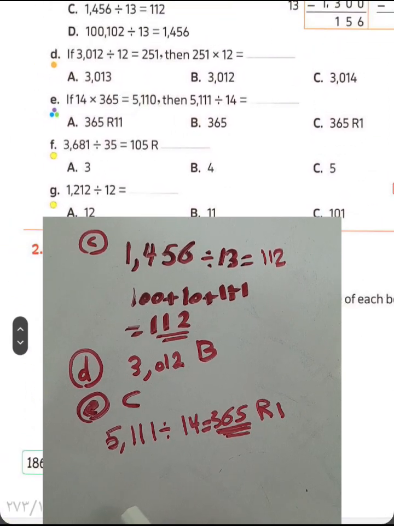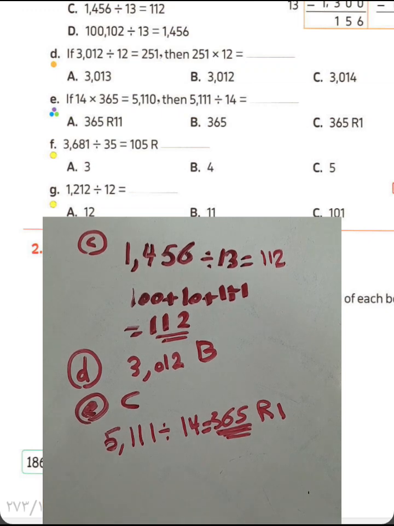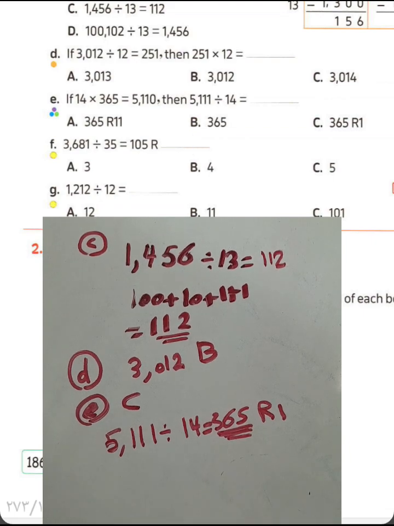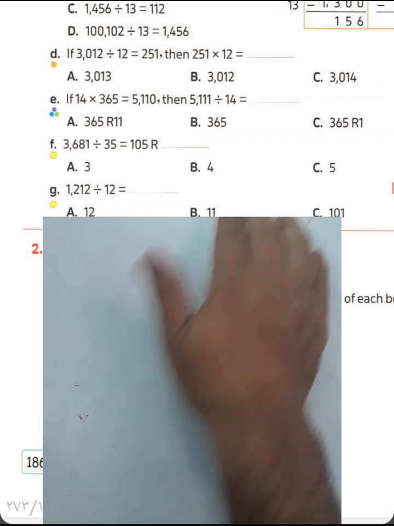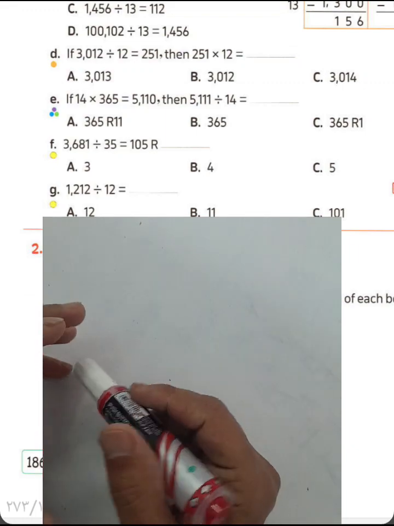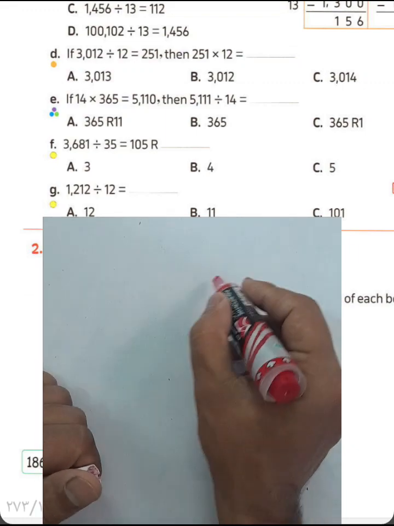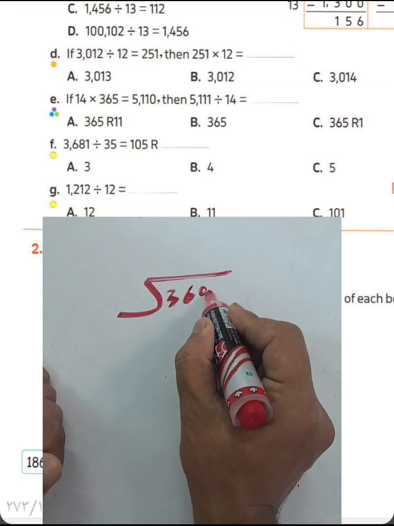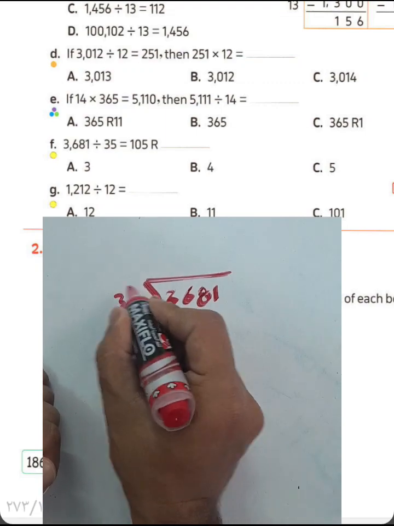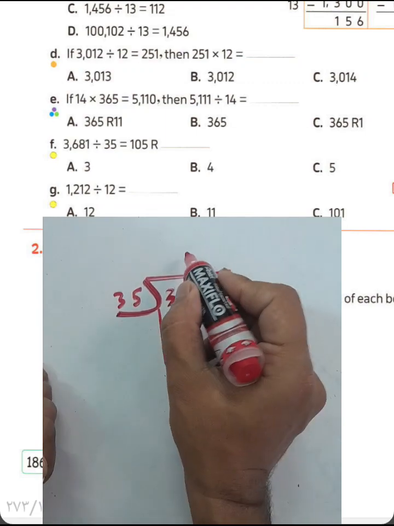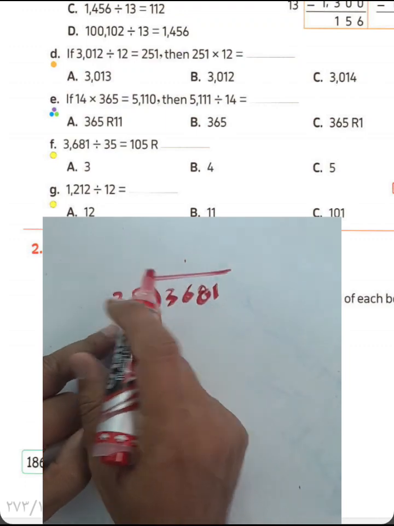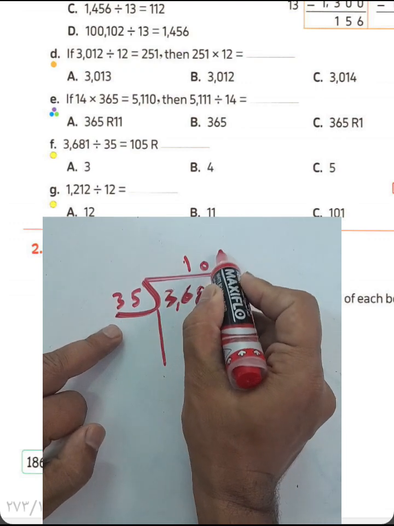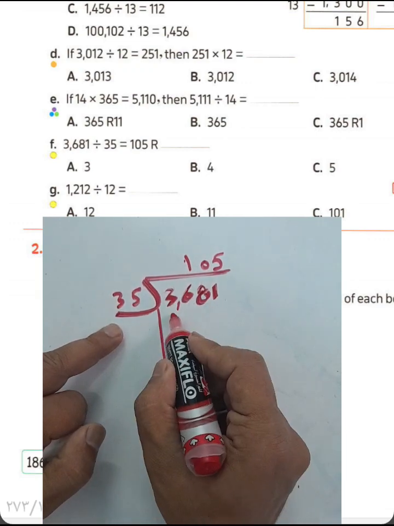Question letter F. 3681 divided by 35 equals 105, and the remainder is what? To find the remainder, you have two methods. First, you can find it with this example. 3681 divided by 35: write 35 in the divisor, 3681 is the dividend, and the quotient here is 105. 1 times 35 equals 35.